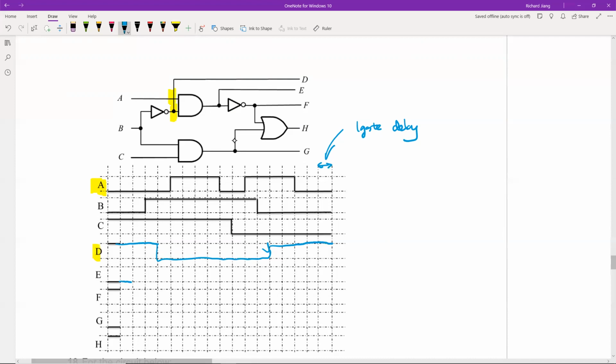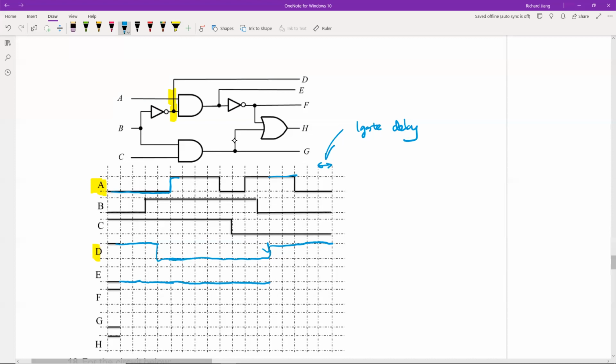Let's get started. So here's E. We see that A is equal to 0 during this whole time, so we know E is going to be 0 for sure. Then A goes positive here, but D remains at 0. So the output's actually going to remain 0 too, because any input that's 0 causes the output to be 0. At this point, D goes high.